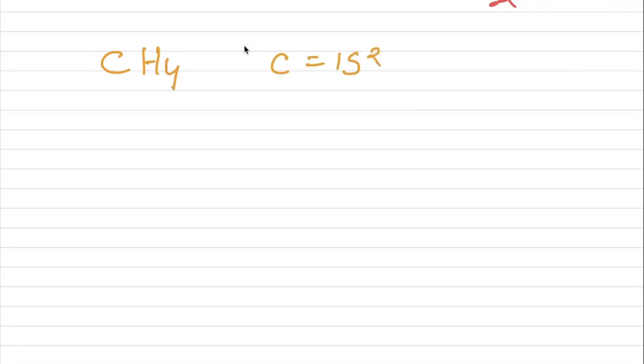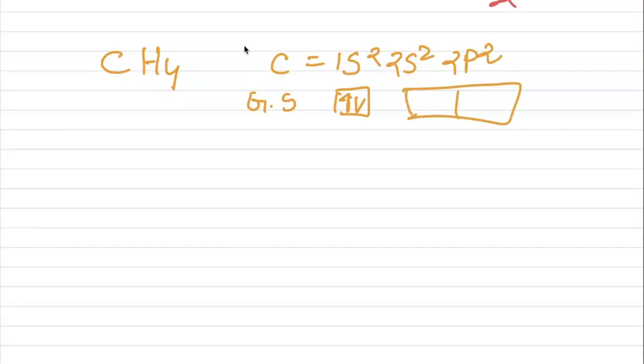Ma'am, 1s2, 2s2, 2p2. If we consider the ground state, 2s2 contains two electrons, and in the excited state, one s electron will go to the p orbital.